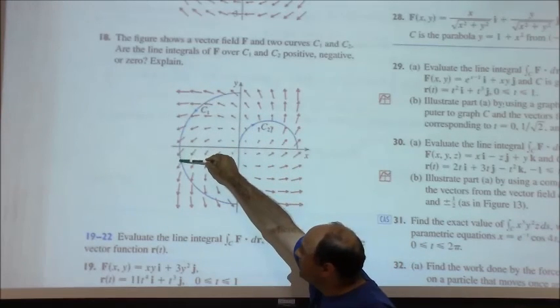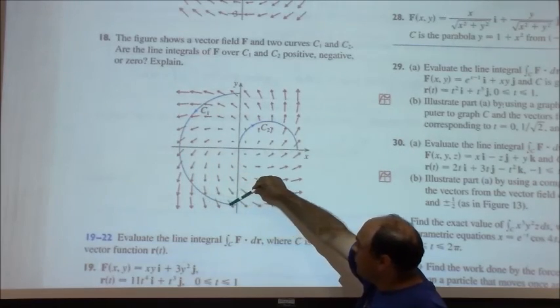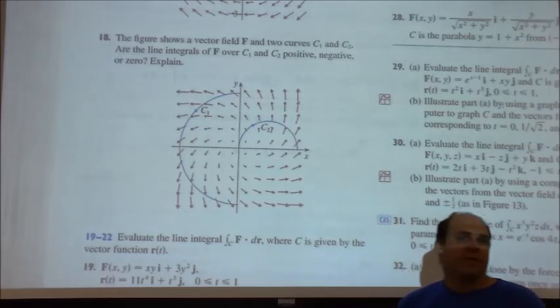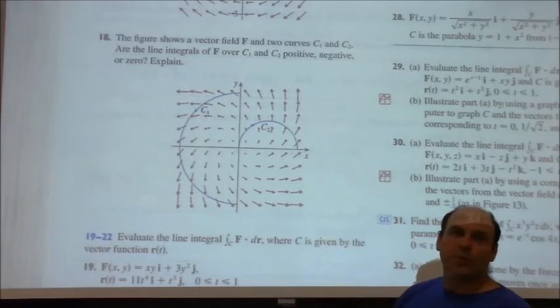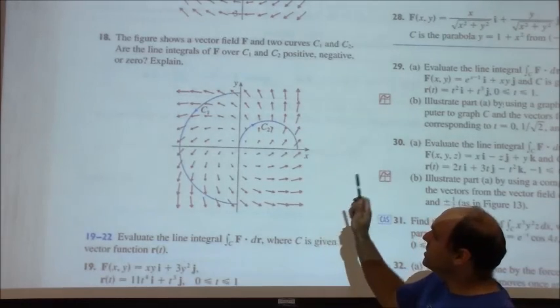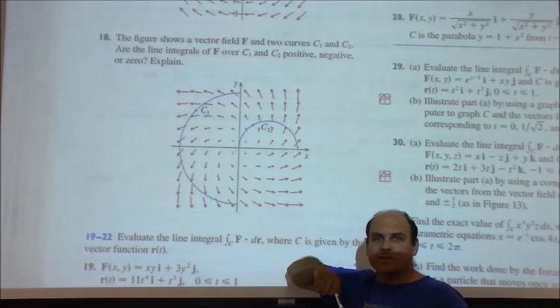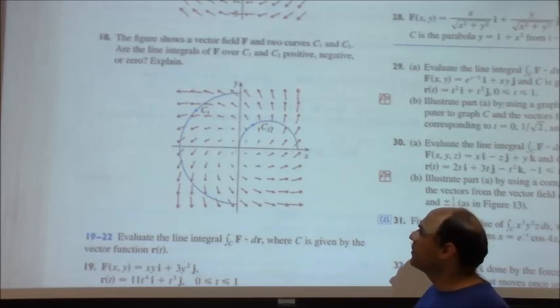And over here, it's going down, which I am, and it's starting to curve back to the right, which I am also doing. So on C1, my path integral should be positive. The vector field is helping me swim. The projections of F onto my curve are mostly positive. They're mostly going in the same direction as the vector field.